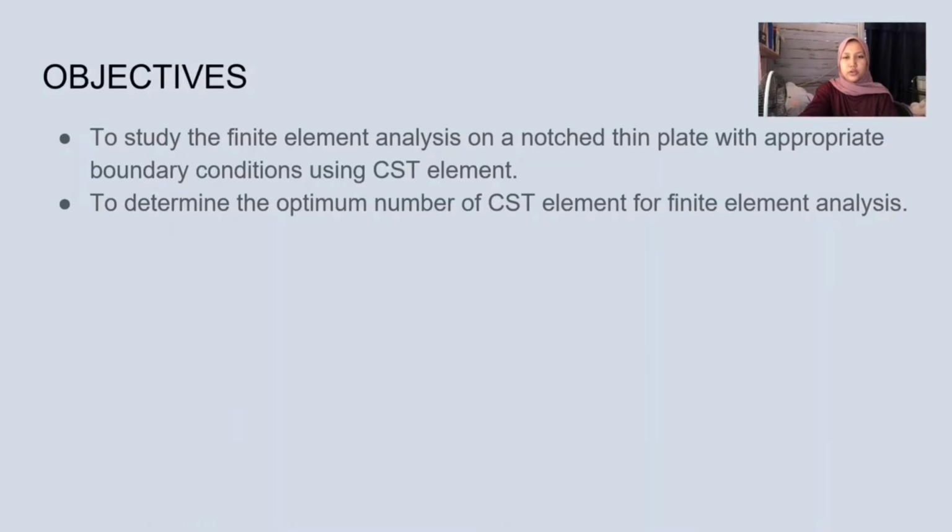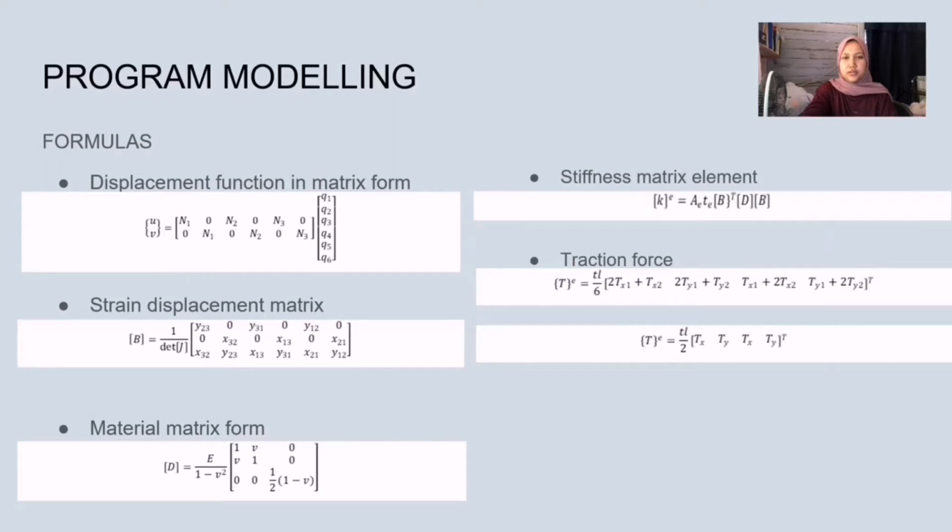We move to the program modeling and start with the formula. The first formula involved in this analysis is the displacement function U in terms of nodal displacement Q using the shape function N. Next, when we derive the strain function of the analysis, we could obtain the strain displacement matrix B. Then we derive the stress equation to obtain the material matrix form D. And using those equations, we could obtain the element stiffness matrix equation.